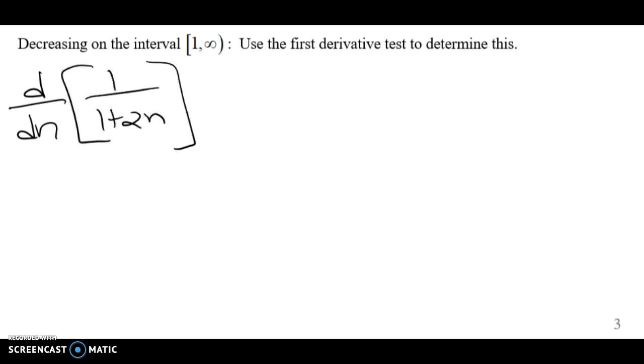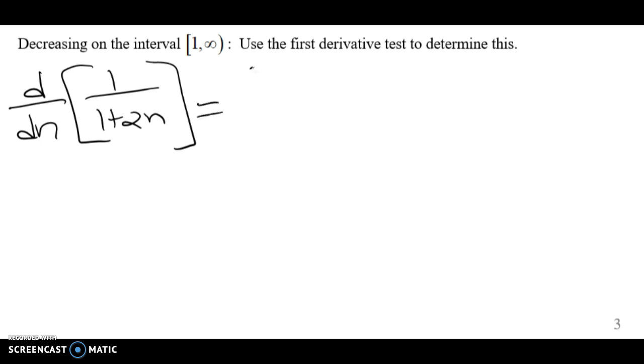To determine whether the series is decreasing on the interval from 1 to infinity, we use the first derivative test. Remember that the first derivative test states that if the derivative is negative within an interval, then the function is decreasing within that interval. So first we take the derivative of 1 over 1 plus 2n with respect to n.